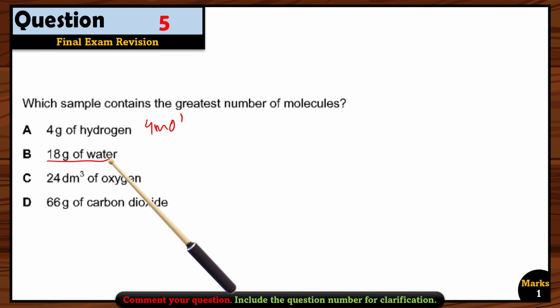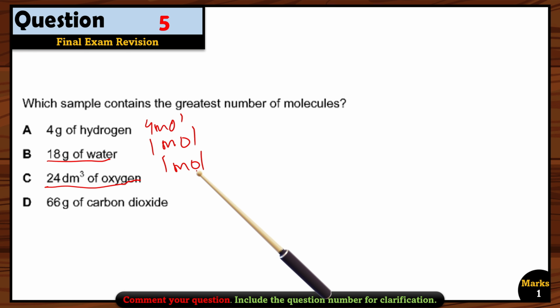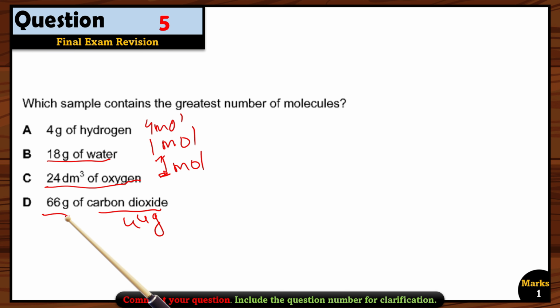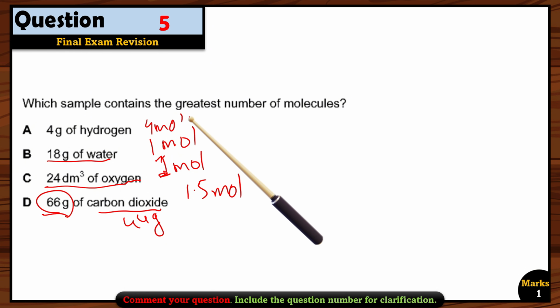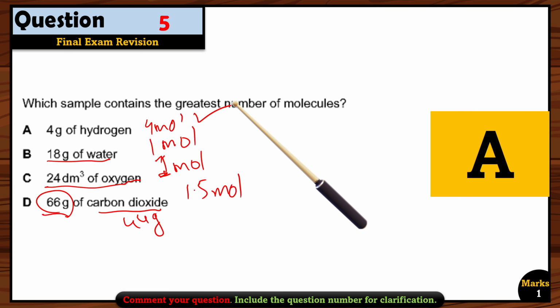For 18 gram of water, the mass of water is 18 gram, so it's 1 mole. 24 dm cube of oxygen is also 1 mole, because only 1 mole of a gas has a volume of 24 dm cube at standard room temperature. 66 gram of carbon dioxide, its mass is 44 grams, so 66 means 1.5 mole. You can easily calculate. So which one is more? Of course, option A. So option A is the right option.